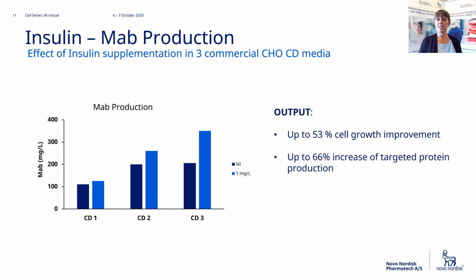The same CD CHO media were tested for mAb productivity with and without insulin supplementation. And here we achieved up to a 66% increase of target protein production with 1 milligram per liter of insulin supplementation.